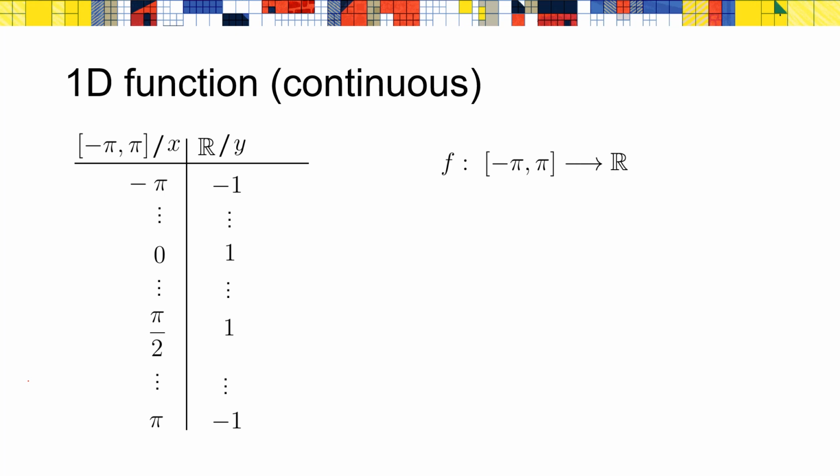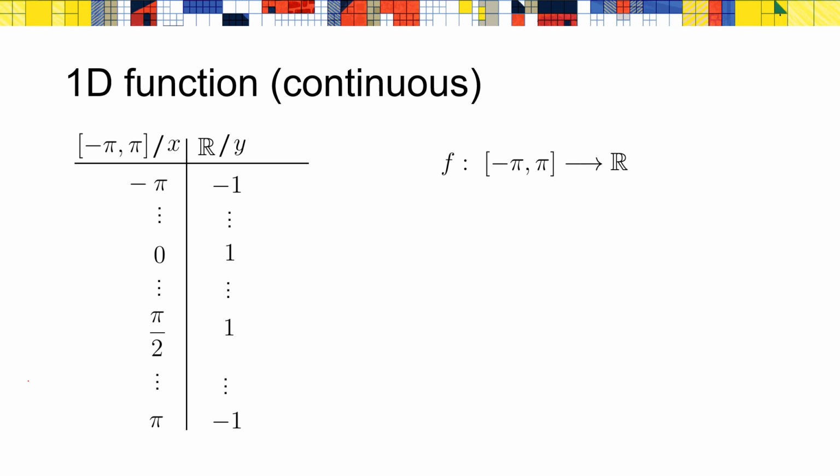Here we consider an interval in the real line, minus pi to pi, where we define this interval as periodic. So we consider minus pi and pi as the same point.